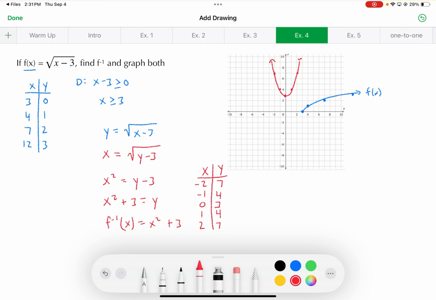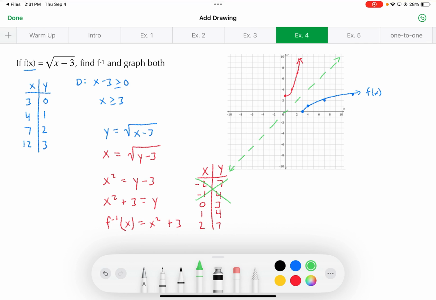Do we have symmetry with f of x? We don't. Okay, now, what that means is we have to eliminate these values where x, the inputs, were negative. And if I do that, that would take off this part of the parabola. Now do we have symmetry? Yes.